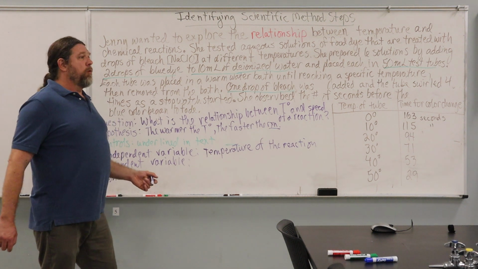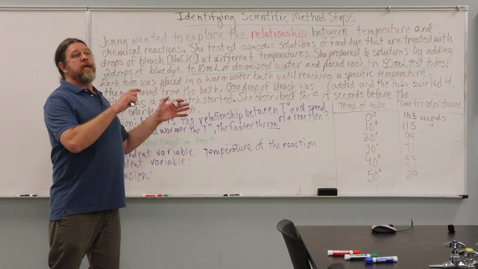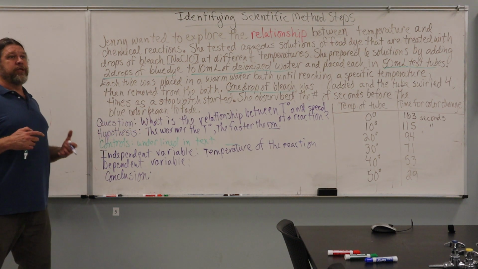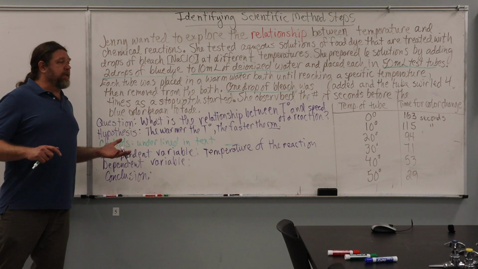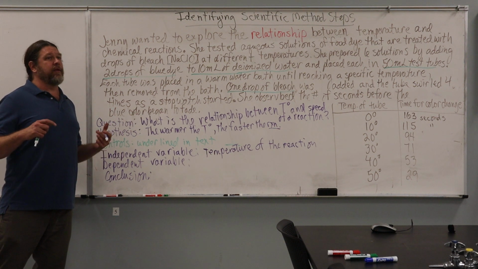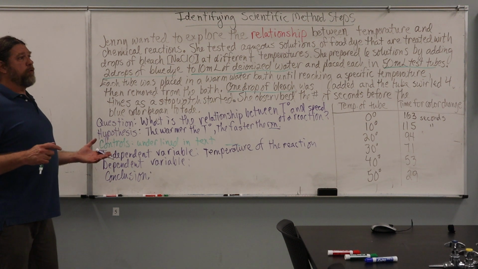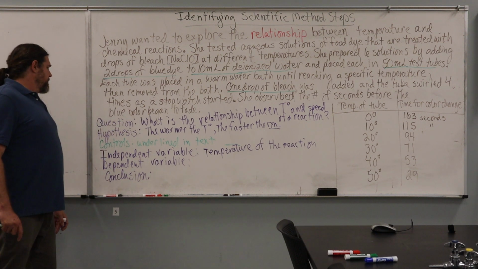Or you could say the temperature of the test tube itself, because that's the environment in which the reaction is happening. If I were a teacher, in this particular exercise, as long as they said the tube, that's fine. The temperature of the tube, or the temperature of the reaction, I would take either. But don't just say temperature. Do try to be specific here.